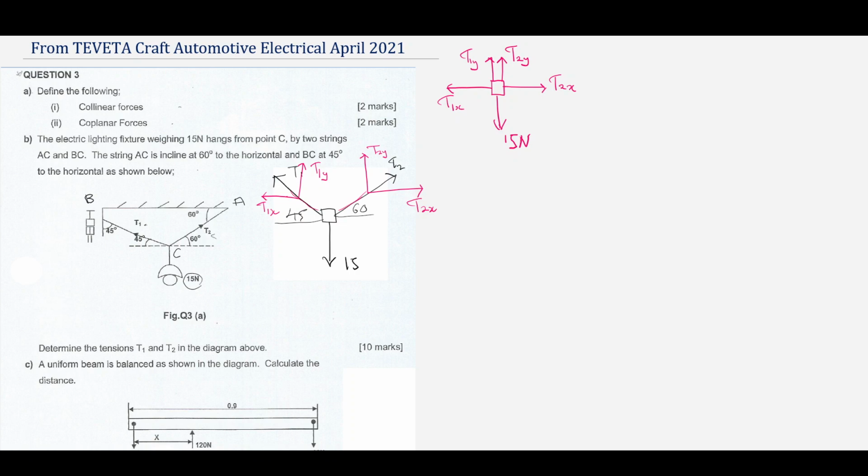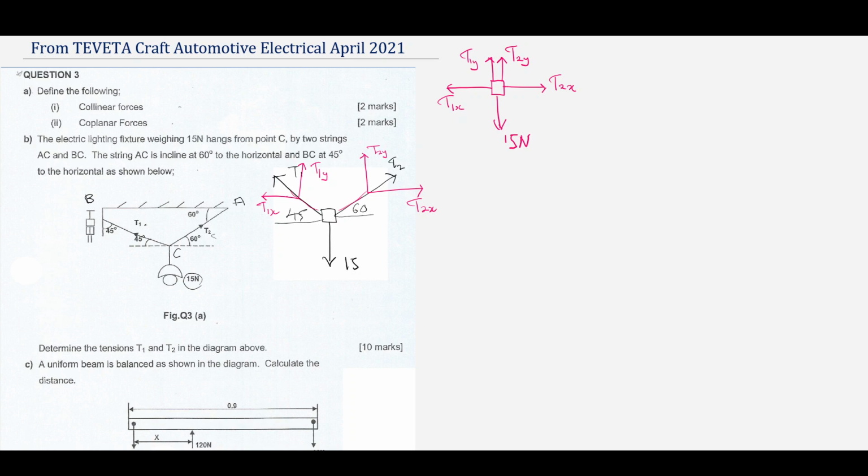Since these are horizontal and vertical forces, it is possible to come up with two equations, considering the body is in equilibrium. Since the body here is in equilibrium, there is no movement, which means the conditions for equilibrium will apply.